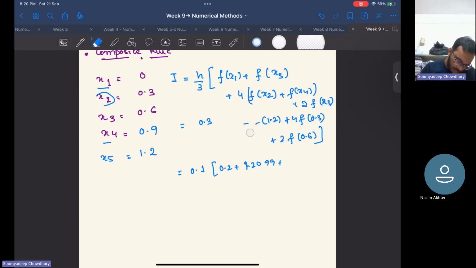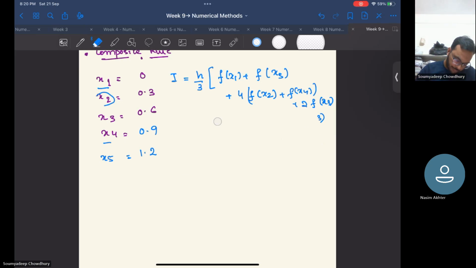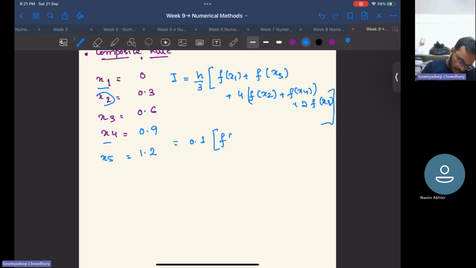If we write it again, it is basically 0.1 into f of 0 plus f of 1.2, 4 into f of 0.3 plus f of 0.9, 2 f of 0.6.